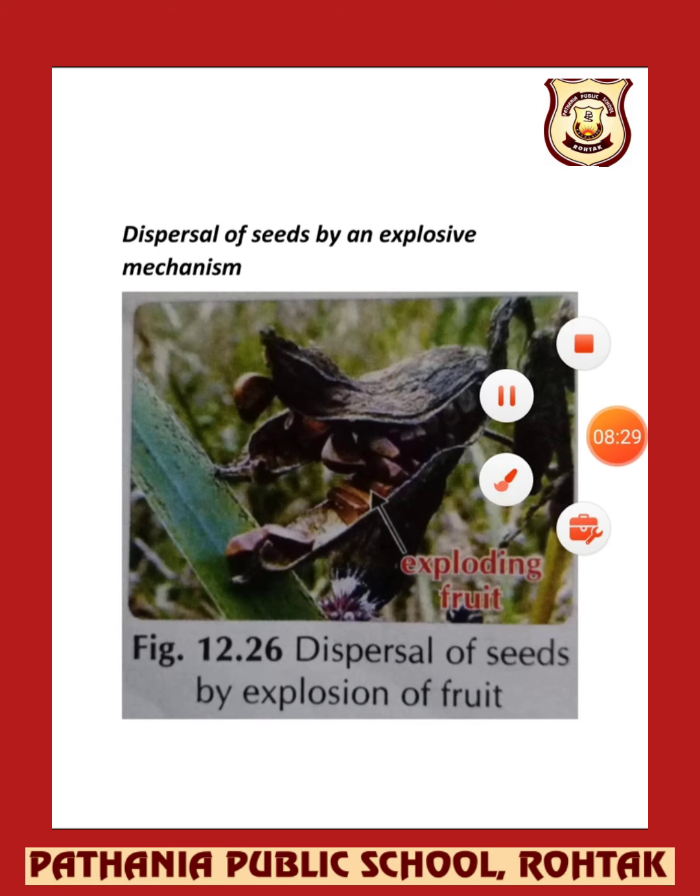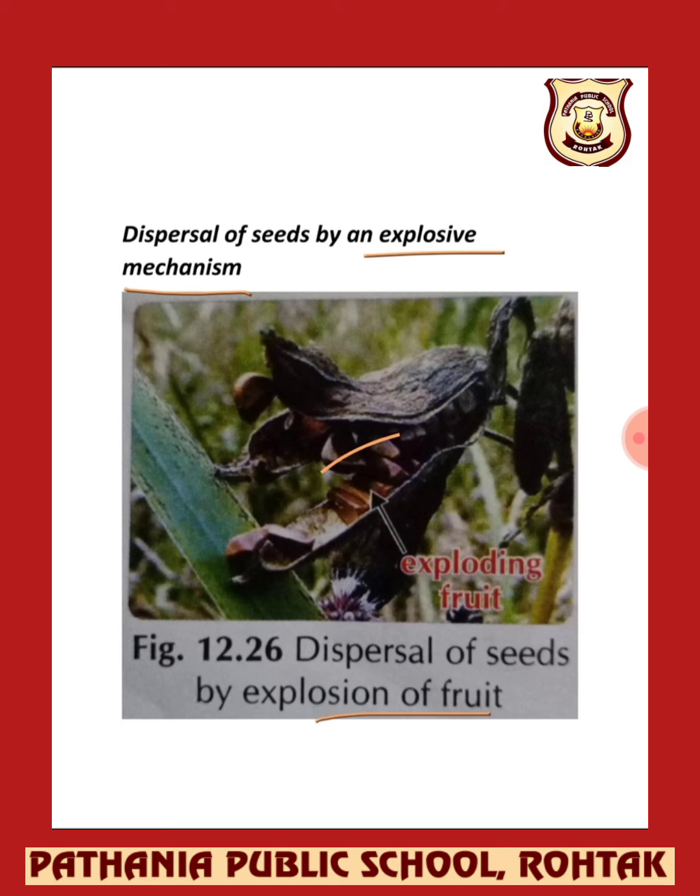Next, beta, one more thing I would like to tell you is that seeds also go with the explosion mechanism. What is this explosion mechanism? It means when the seeds are ripened on the fruit, the fruit will burst. When this fruit explosion takes place, the seeds inside the fruit will go here and there.